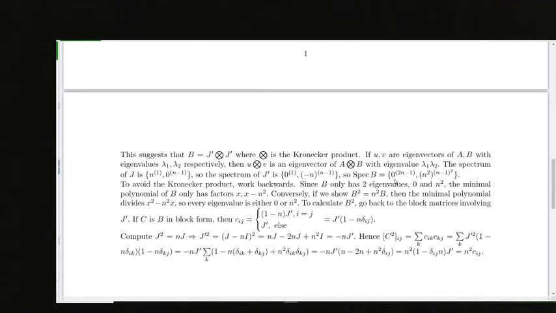And if we just show B squared is equal to n squared B, then we can work backwards. We can get that the minimal polynomial divides this, and every eigenvalue is either 0 or n squared. And this is a lot simpler calculation. There's a lot fewer things to prove.